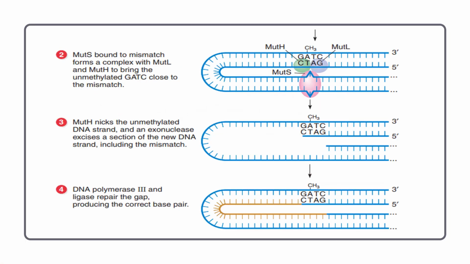After MutS has searched the DNA and bound to the mismatched base pairs, it recruits other Mut proteins, that is MutH and MutL. Now MutH and MutL bring MutS closer to the GATC sequence.